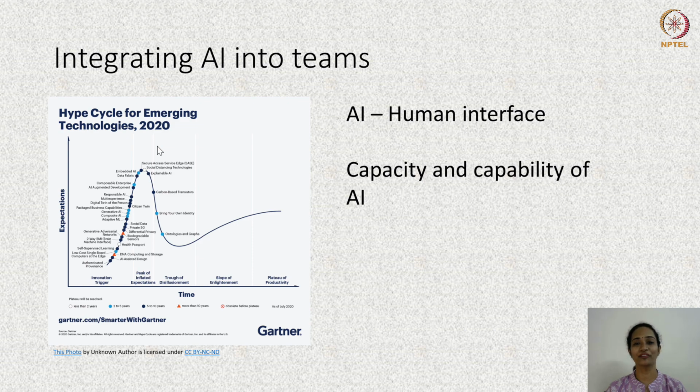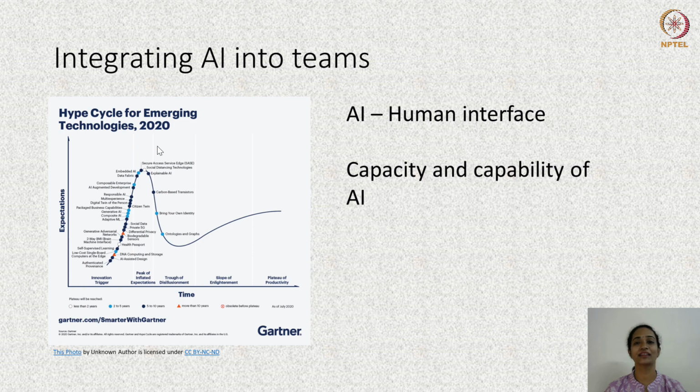Having considered the benefits and challenges associated with human-AI teaming, let us look at what is the real state of integrating AI into teams as of now. Gartner's hype cycle for emerging technologies tells us that we are somewhere over the peak of inflated expectations, slowly descending into the trough of disillusionment.